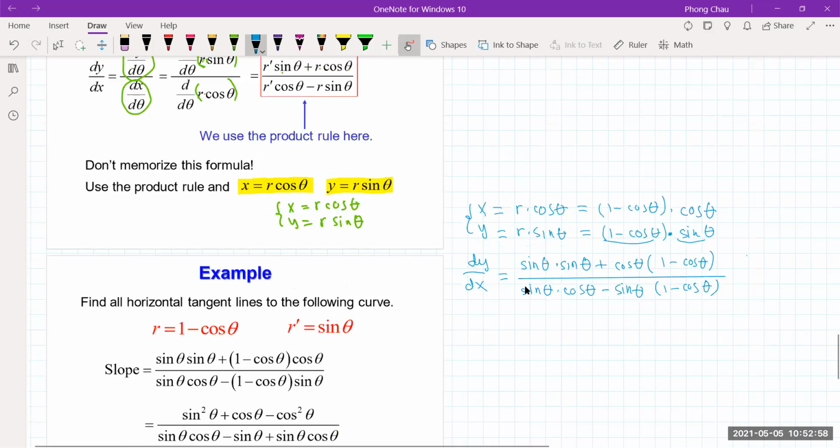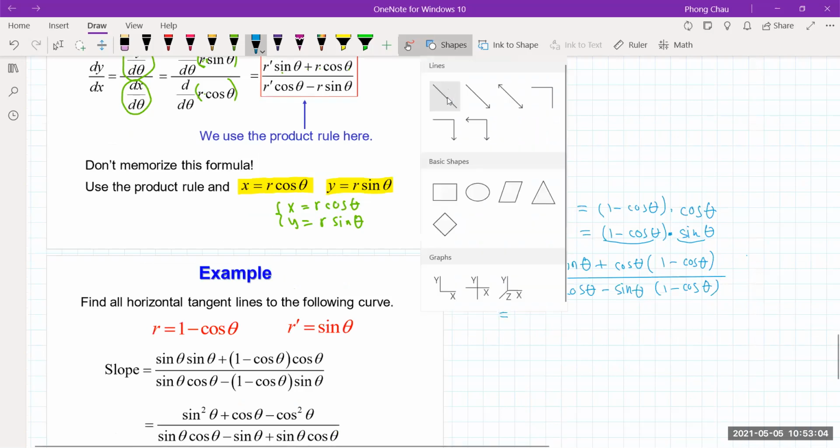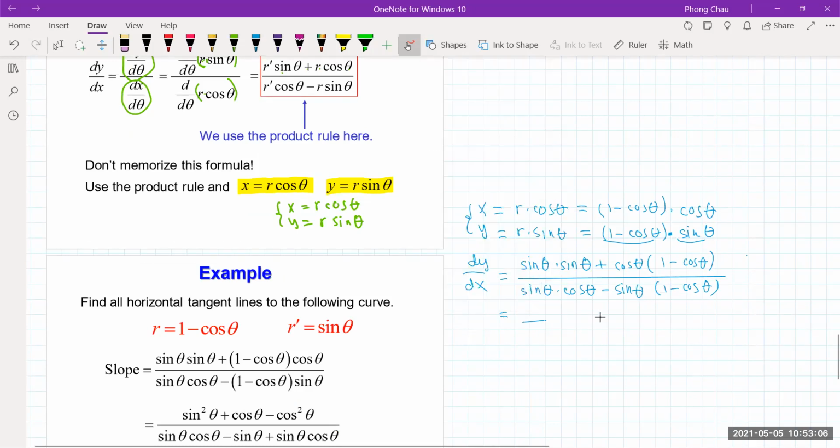Now, of course, from here we could simplify more. We could multiply things out. Sine times sine gives us sine squared. Cosine times negative cosine gives negative cosine squared. Cosine times 1 is cosine.